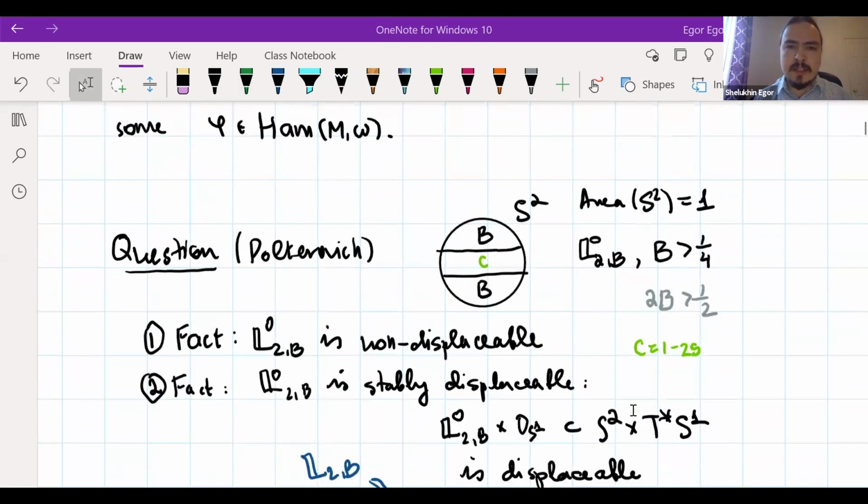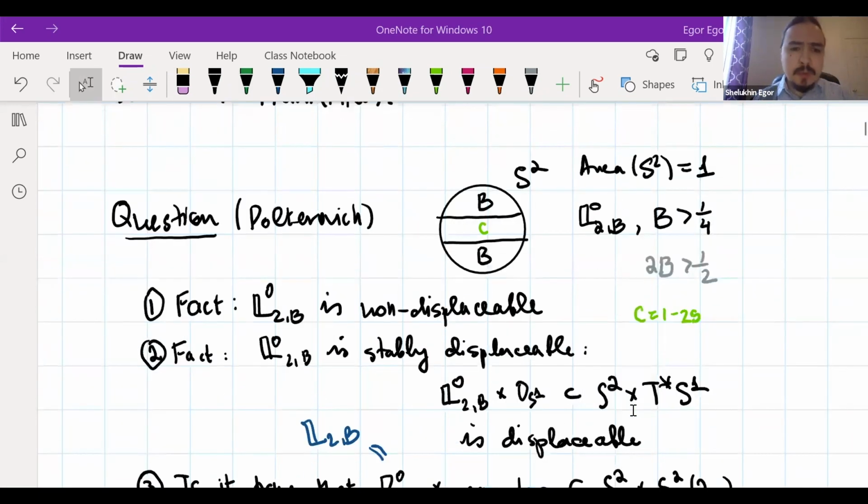And there is an old question of Polterovich regarding displaceability, and let me both state and motivate it. We heard about this question and its solution a few weeks ago from Cheuk Yu Mak, but I would like to repeat it.